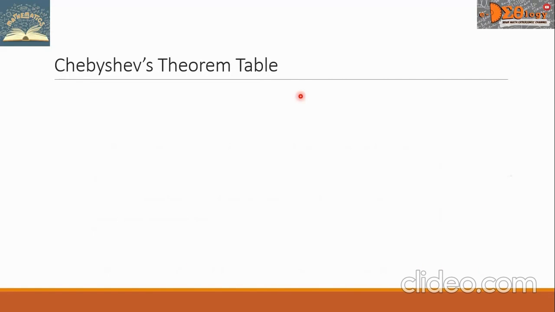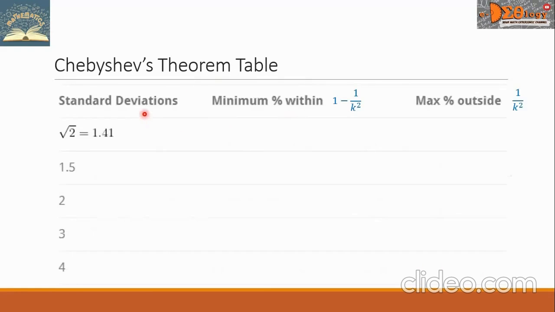Using the formula given a while ago, we're going to construct a Chebyshev's theorem table. Here we have 3 columns. The first column is for the standard deviations. We assign values here: square root of 2, 1.5, 2, 3, 4.